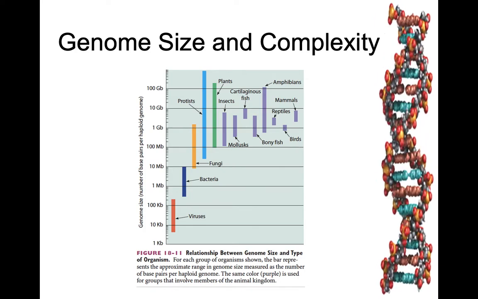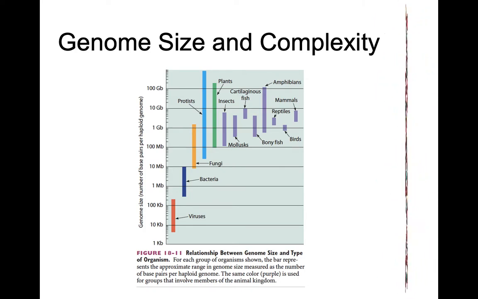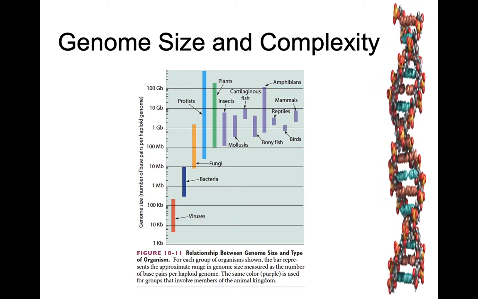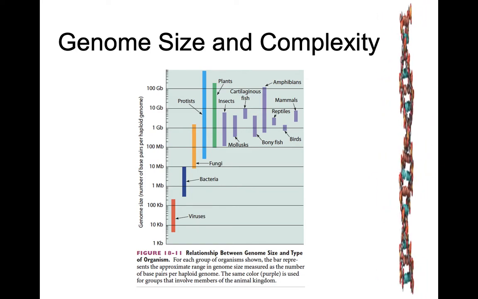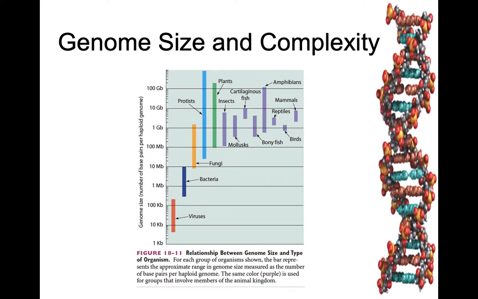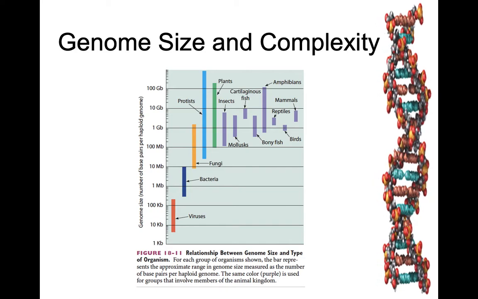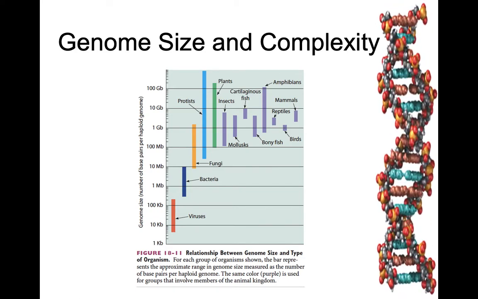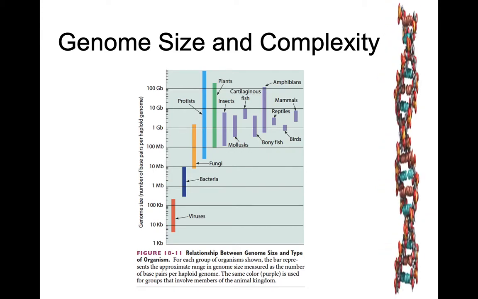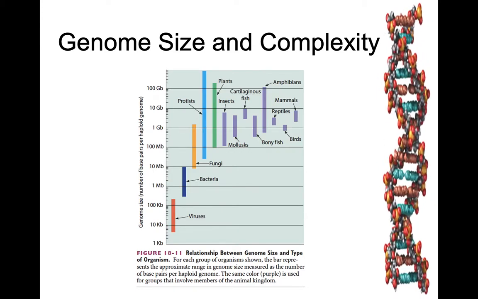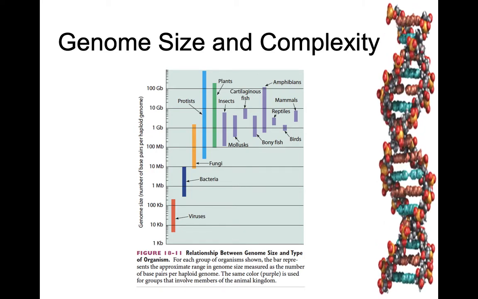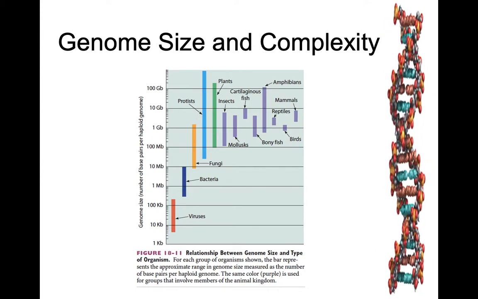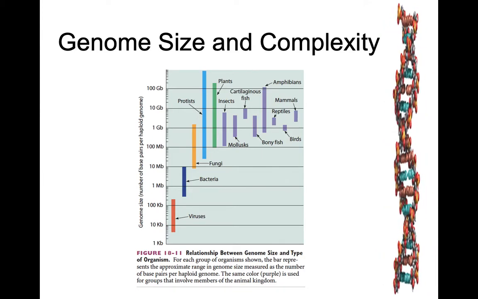And it has been observed that genome size is actually related to complexity of the living system. Your simple organisms, your unicellular organisms, bacteria, unicellular fungi, and your viruses, they have smaller total genome size compared to the animals or compared to the plants.